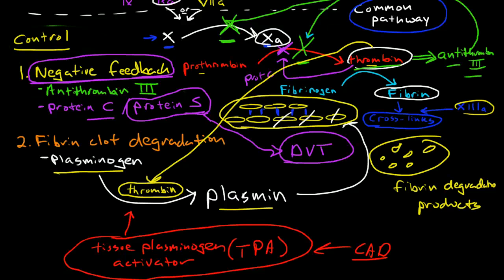So tissue plasminogen activator is actually activated by endothelial cells naturally and by other tissue cells in the body to break down clots. And again, the way that it does that is by causing plasminogen to be transformed into plasmin, and plasmin is a protease that breaks down fibrin.